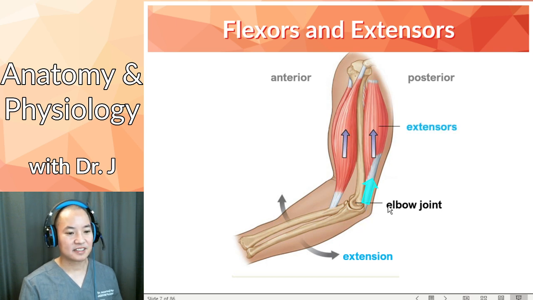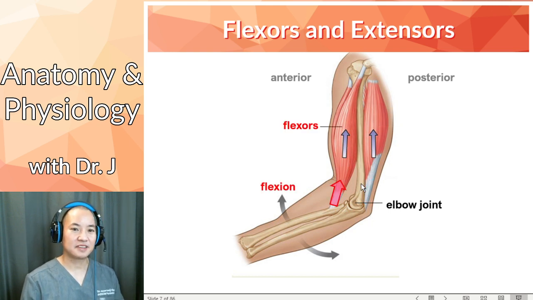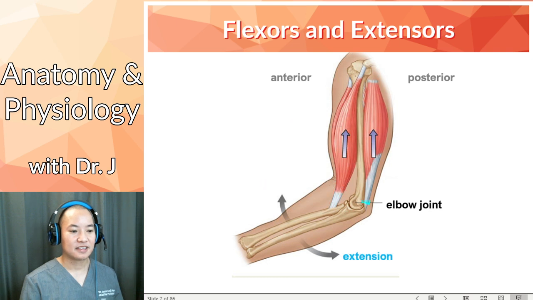So what you know is that the extensors tend to be located on the side of extension, whereas the flexors tend to be located on the side of flexion. And that kind of makes sense. If you understand that muscles shorten and they're decreasing the distance between areas, then it makes sense that you would generally have muscles that contribute to a motion on the same side of that motion.